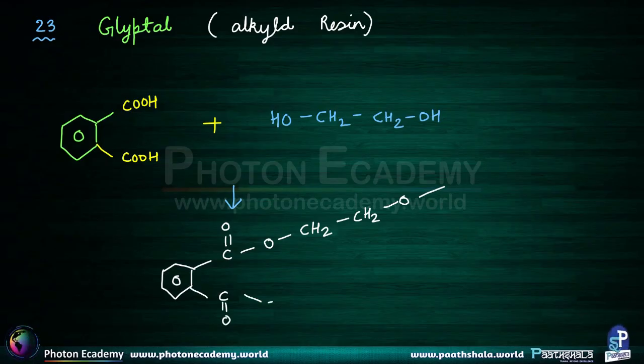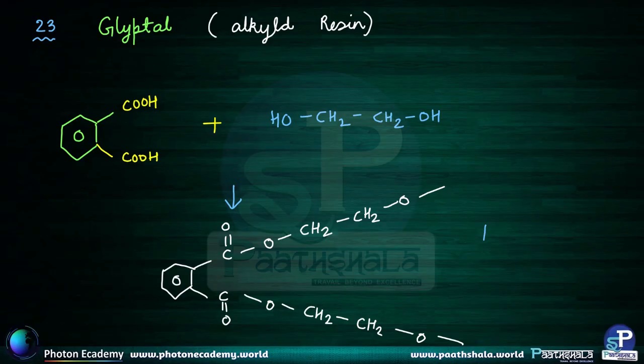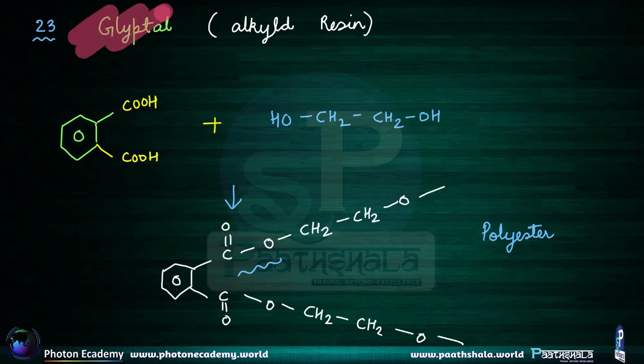Here also the same thing occurs. We have got CH2, CH2 again, and an O. So this chain is extending far away, and this is a polyester again because it has the ester linkage. Okay, so this one is called glyptal.